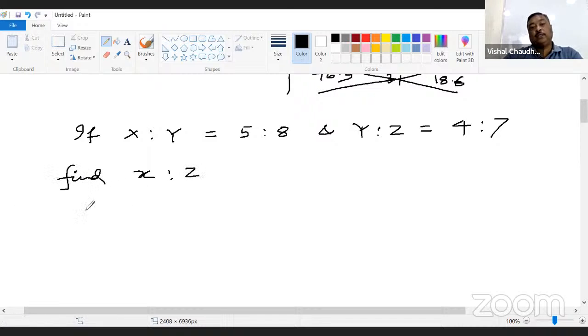So what we will do here is equalize y at both places.